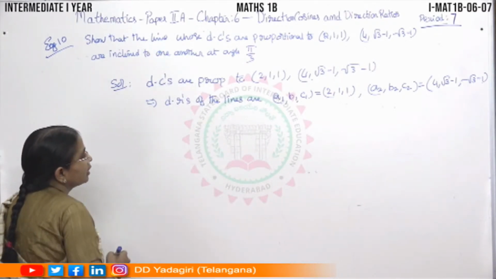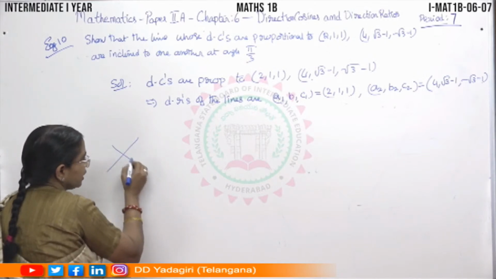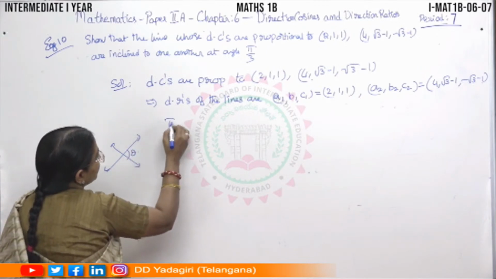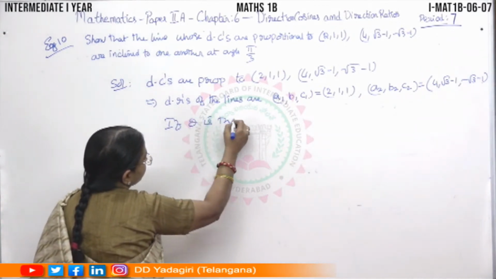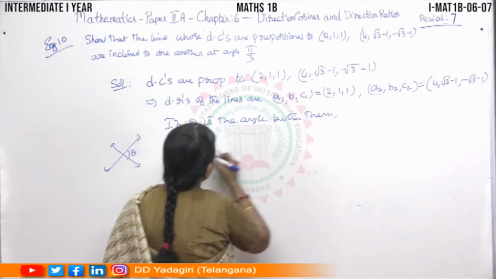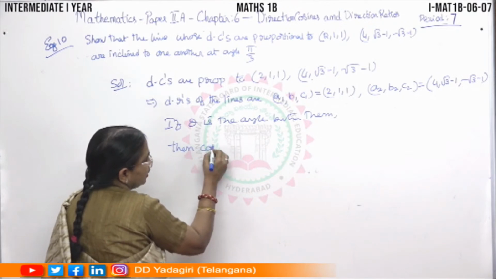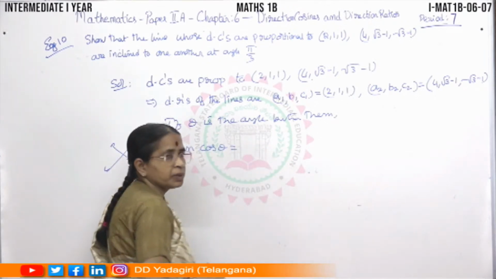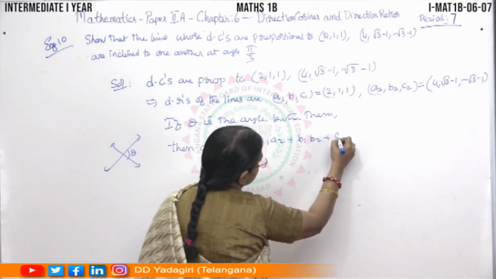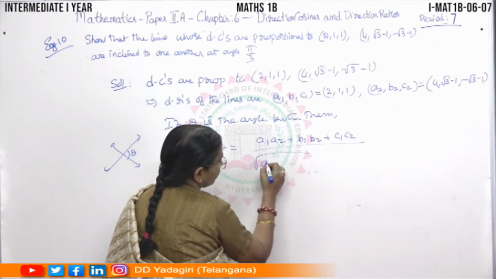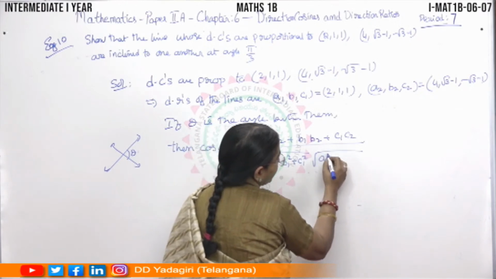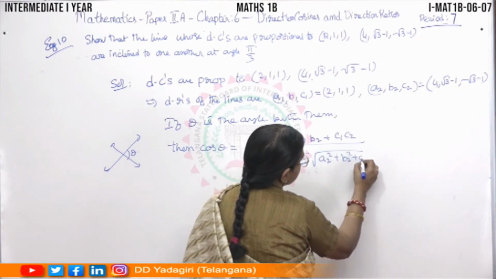Now they are inclined to one another means the angle between them. One is inclined to another at an angle theta. So if theta is the angle between them, then cos theta is equal to, just write the formula: A1 A2 plus B1 B2 plus C1 C2 by root of A1 square plus B1 square plus C1 square into root of A2 square plus B2 square plus C2 square.